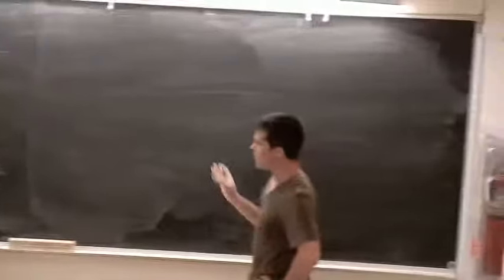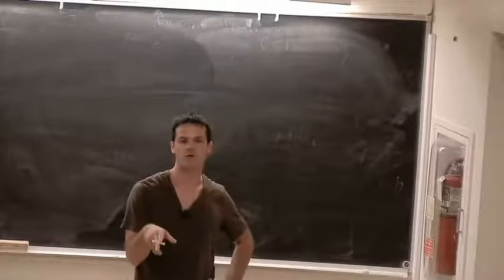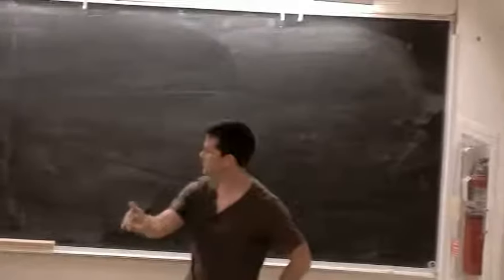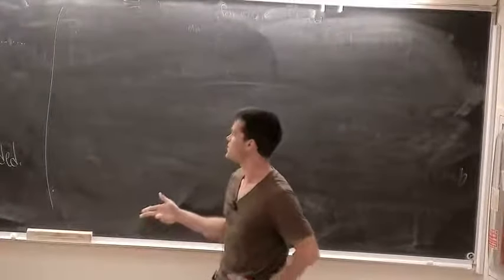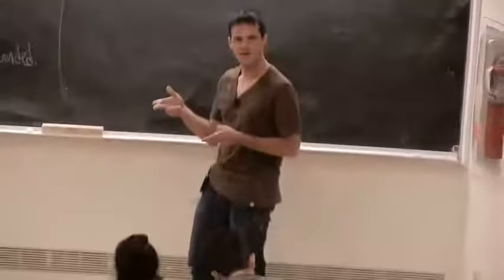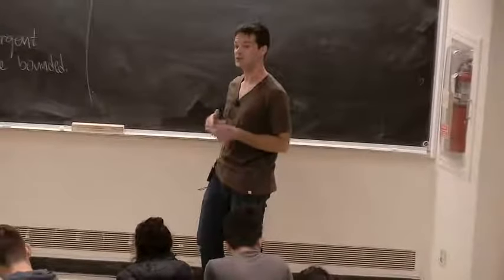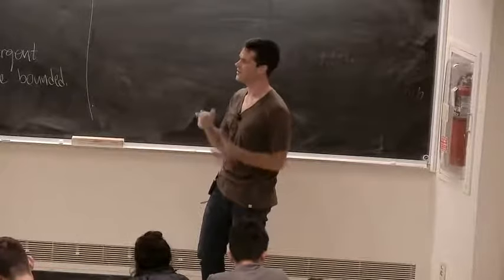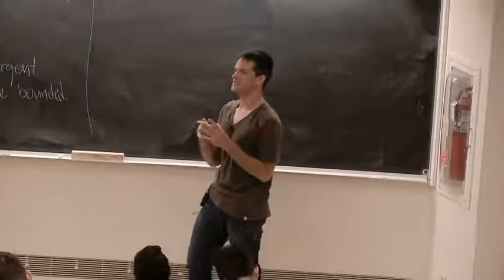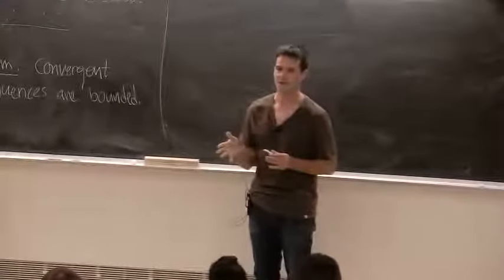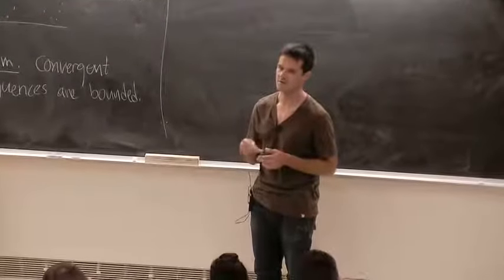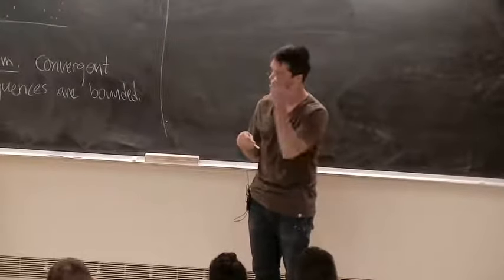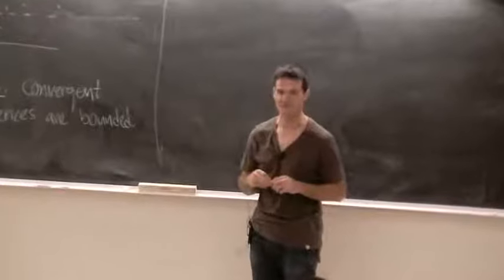So you might ask the question, okay, if it converges, then it's bounded. Does it go the other way? If it's bounded, does it converge? What do you guys think? Just because it's bounded, does that mean that it converges? No, I did a counterexample for this already, actually.